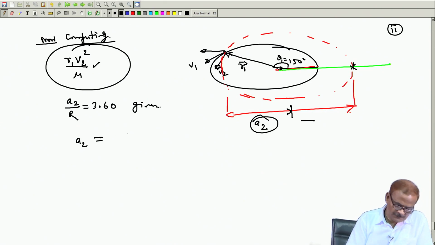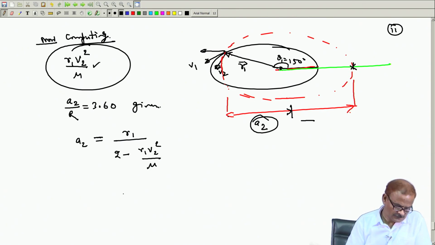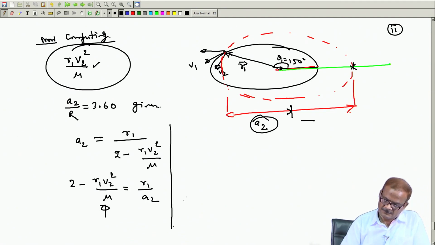So, A 2 equal to R 1, position is not changing. So, this remains R 1, 2 minus R 1 V 2 square divided by mu, and therefore, we can rearrange it and write it as R 1 V 2 square divided by mu equal to 2 minus R 1 by A 2, and this is the quantity we are looking for. Okay. So, R 1 V 2 square divided by mu becomes 2 minus R 1 by A 2.